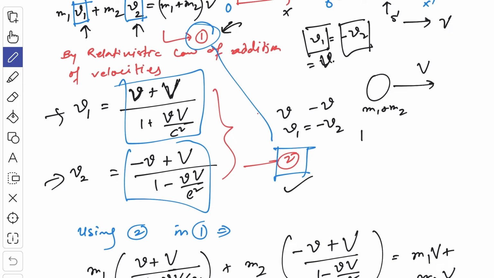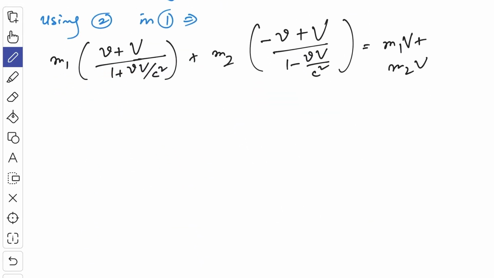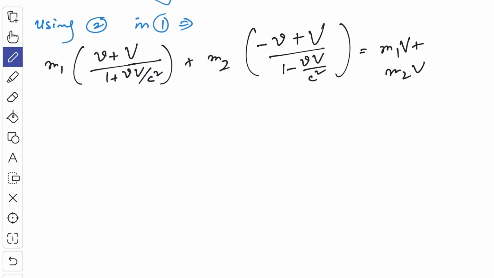What we have done is used equation number 2 in equation number 1.